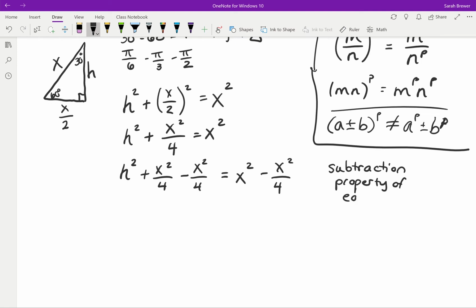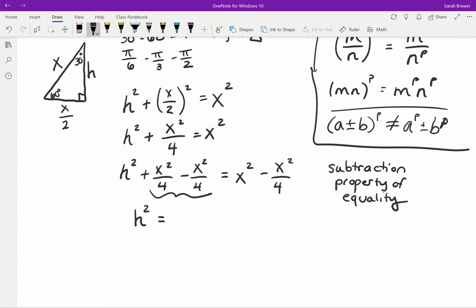If I have something and I subtract itself, they're going to cancel. Any number minus itself is 0. So on the left-hand side, I'm left with h squared. And on the right-hand side, I still have x squared minus x squared over 4.